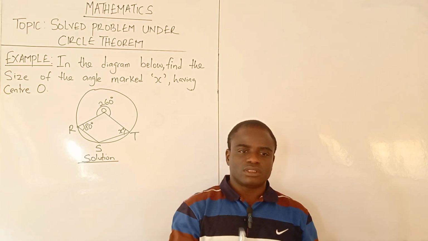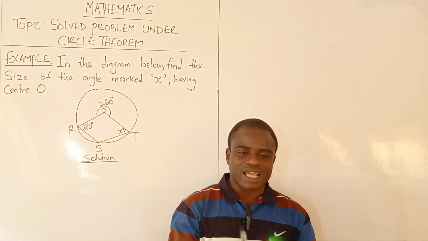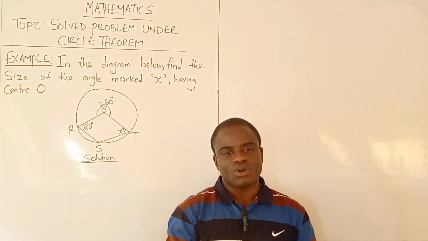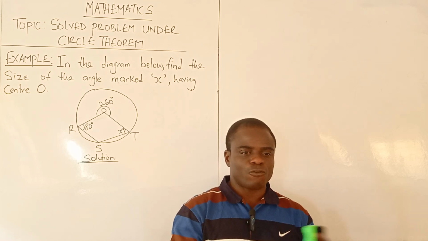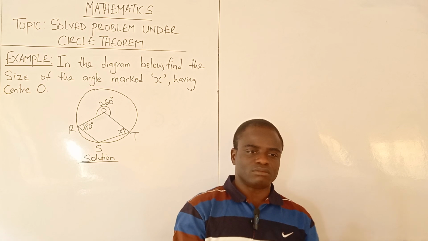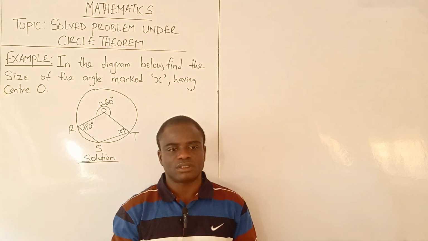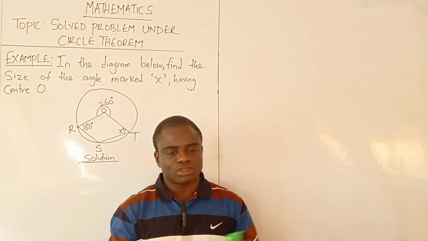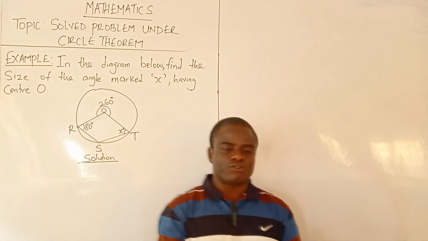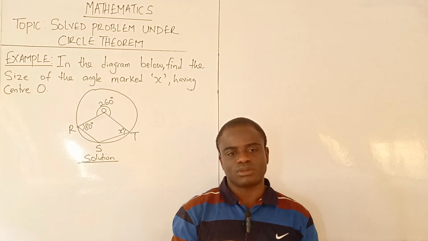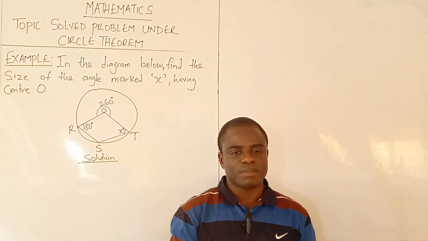And in a cyclic quadrilateral, all the four vertices touch the circumference of a circle. Is that okay?